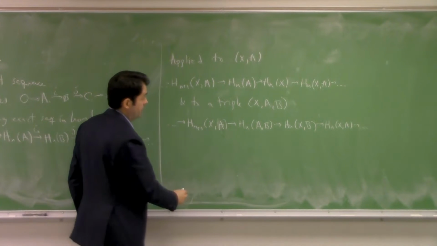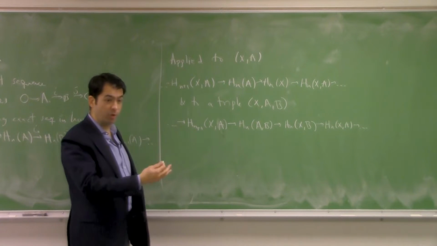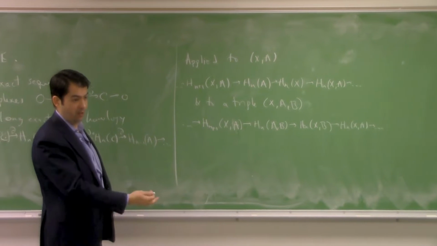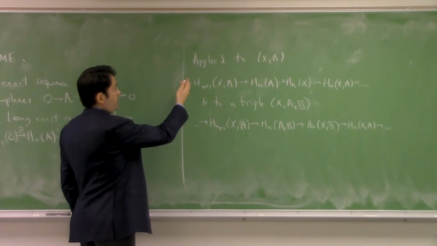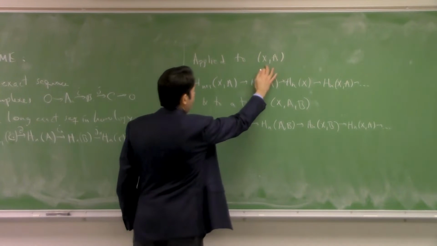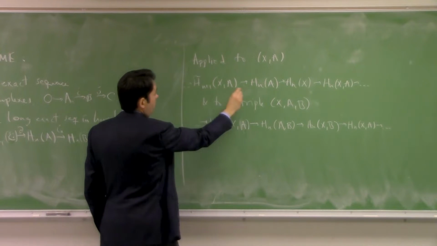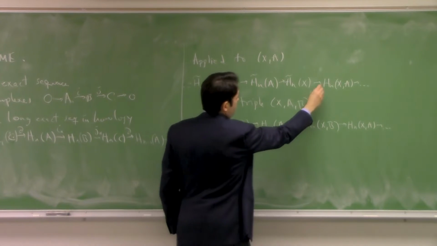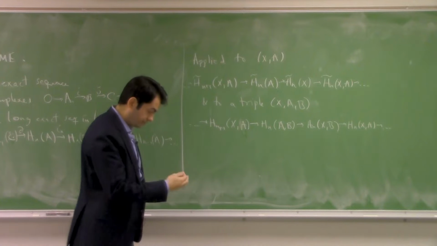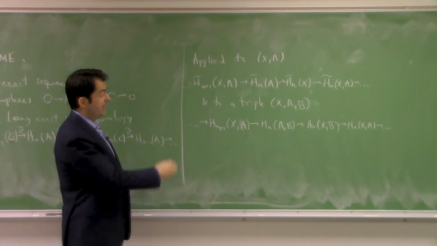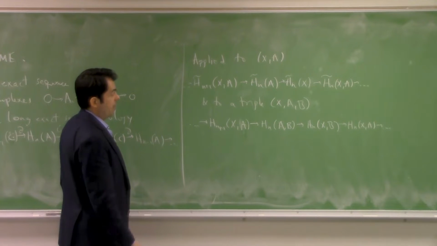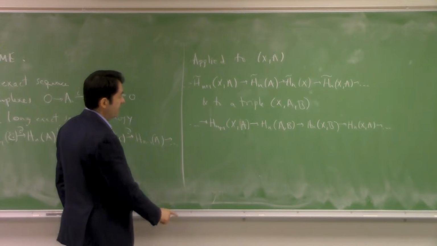Right, and this will happen over and over. Every time we have a short exact sequence, we get a long exact sequence. So the short exact sequence corresponding to the pair, or the augmented short exact sequence corresponding to a pair, gives you a long exact sequence in homology.